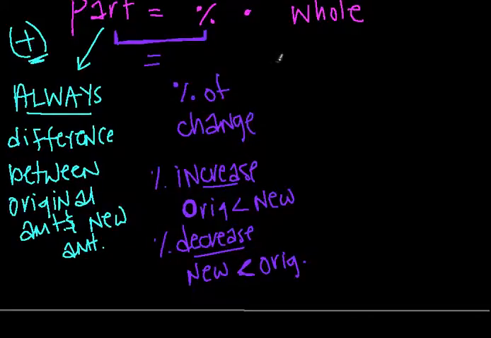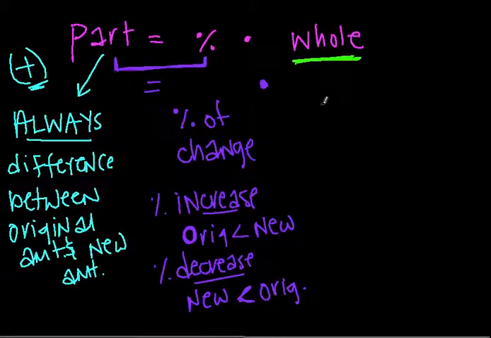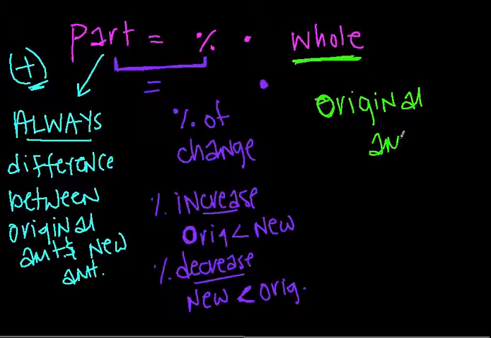So the rest of the formula, that would be times your whole is always going to be your original amount. And that makes sense. This is what you started with. So for any percent equation that we've been using so far, the whole has always been like you start your bank account balance with your principal, which is the original amount, and then you find the interest.